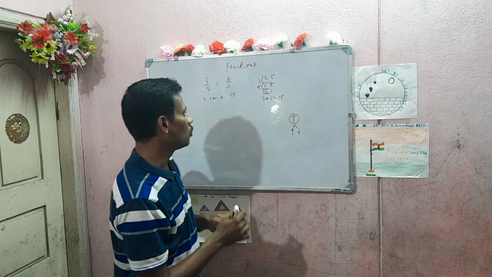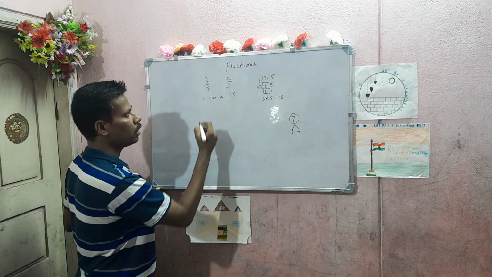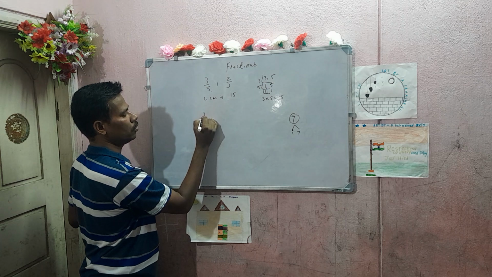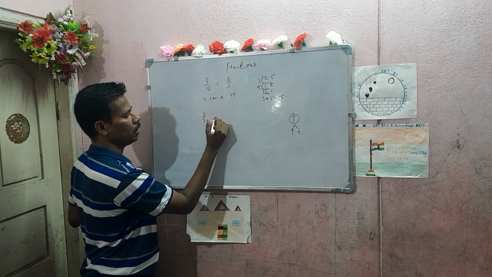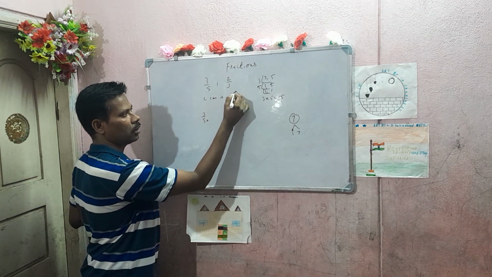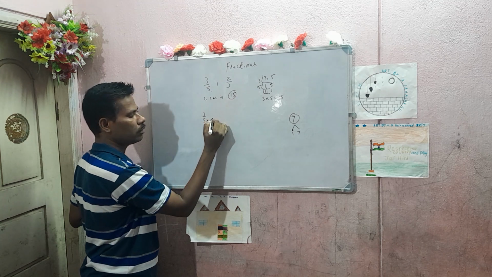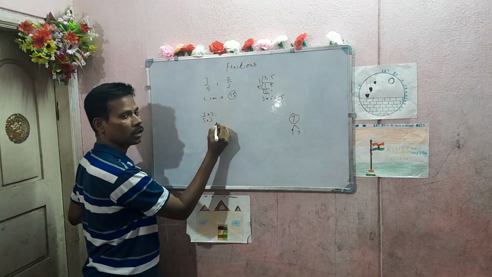Next. So here the LCM is 15. For 3 by 5, 5 is the denominator. 5 into how many times gives 15? 3 times. Into 3.